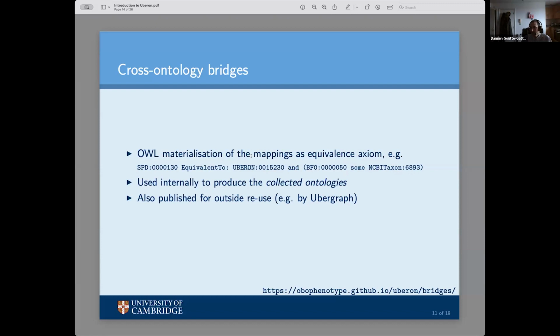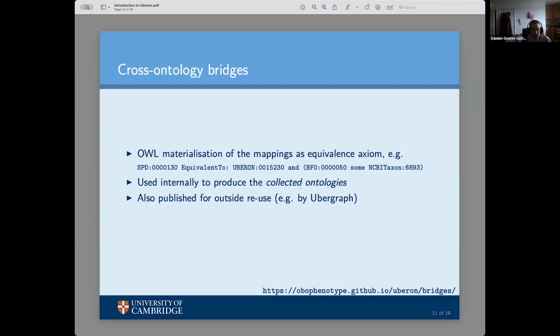Whereas mappings represented using SSOM or cross-references need some kind of special tooling in order to be manipulated, the bridges are directly usable. You can directly merge them, for example, using robot merge, without any kind of special tooling, because that's just plain OWL files.